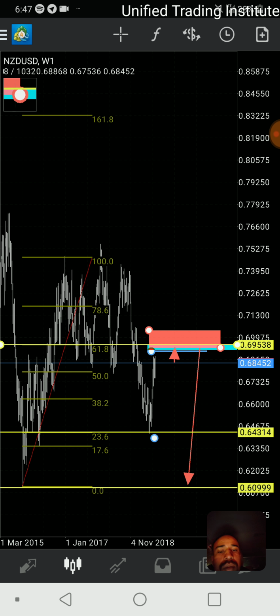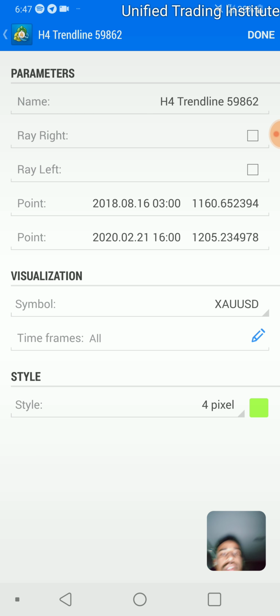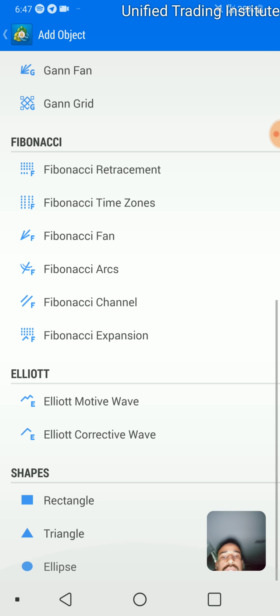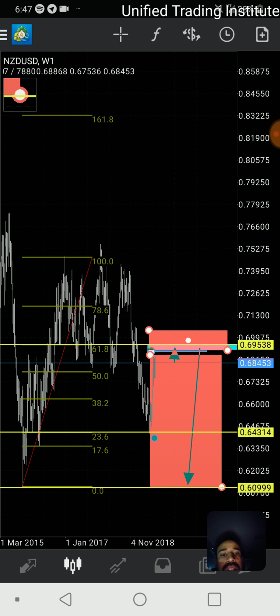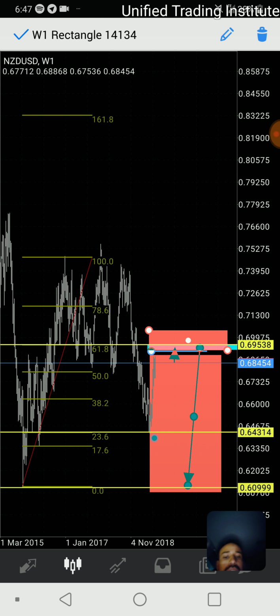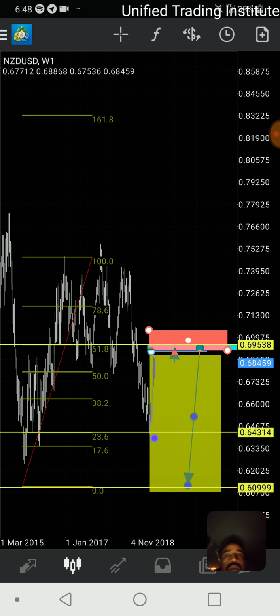And then our entry is going to be somewhere in here. Alright, so there's our red. And then let's get another square. There's our green. Yep, perfect. So there's our stop loss and there's our take profit.